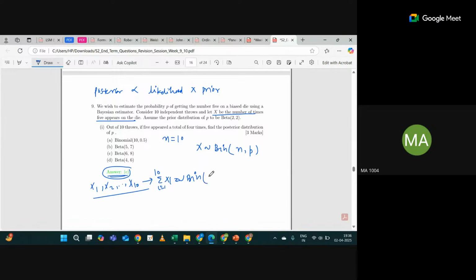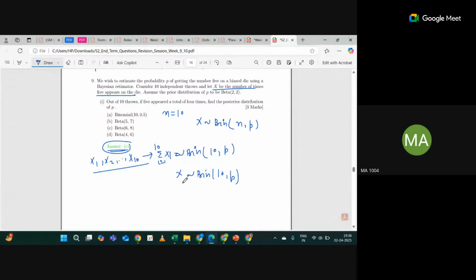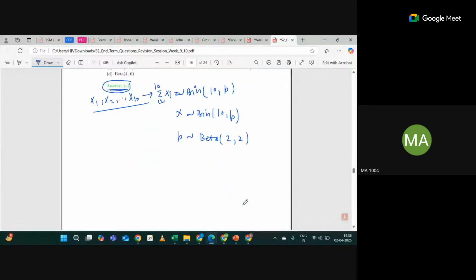So it will be binomial 10 comma p. Would you agree with me? So let me write here X follows binomial 10 comma p. And what is the prior? The prior information is P follows beta distribution with parameter 2 comma 2.